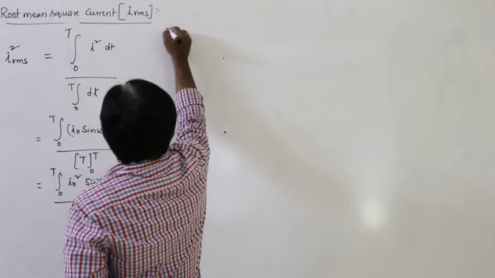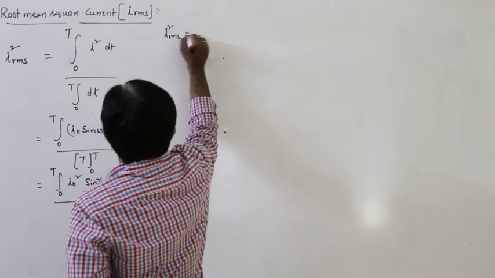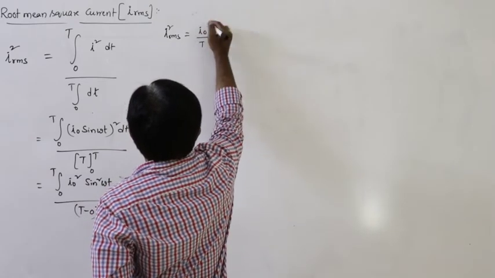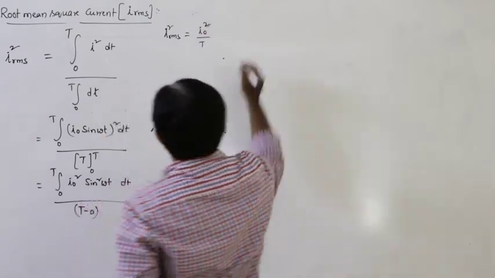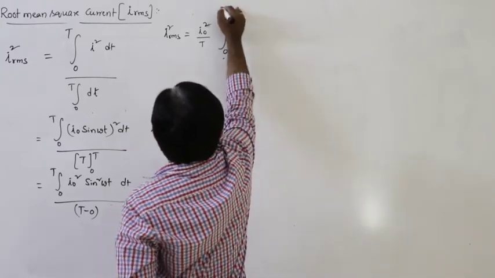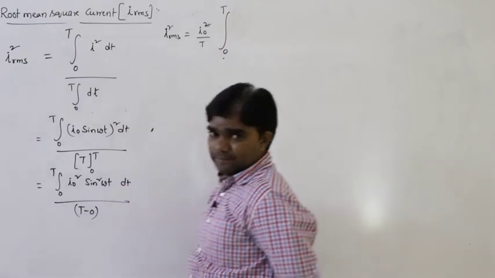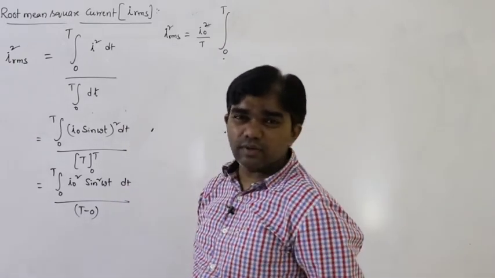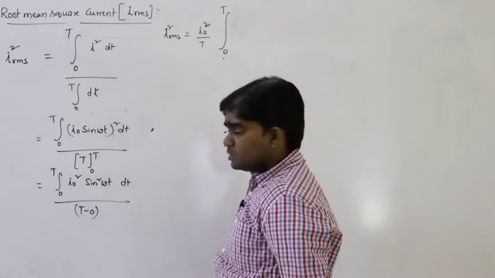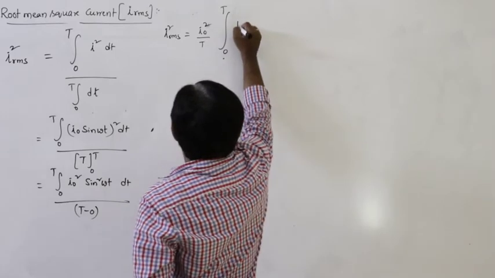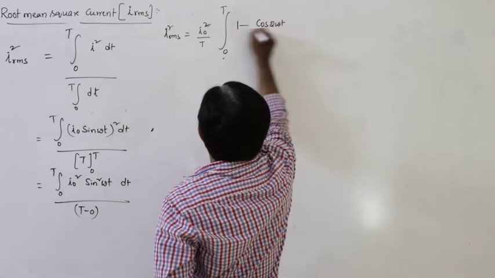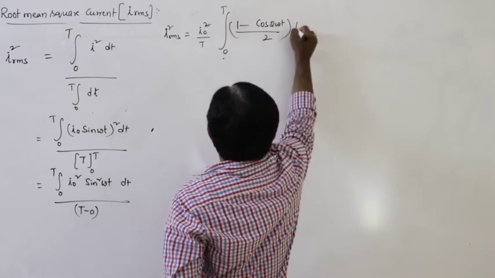So that means I square RMS is equals to I naught square by T, it comes out. Next we can write again integral of 0 to T sin square omega t. Sin square theta can be written as 1 minus cos 2 theta by 2, that means 1 minus cos 2 omega t divided by 2 into dt.